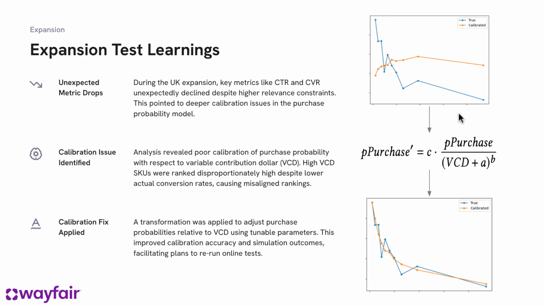As VCD increases, the true probability decreases, but the calibrated probabilities remain the same. We applied a transformation to p-purchase to fix this, and the bottom plot shows that after the transformation, the two curves are aligned. This improves calibration accuracy and also the simulation results.